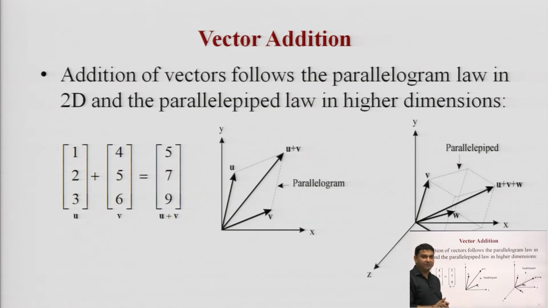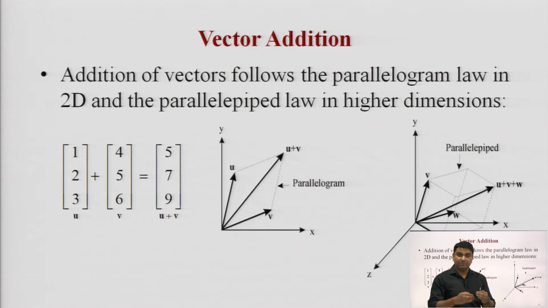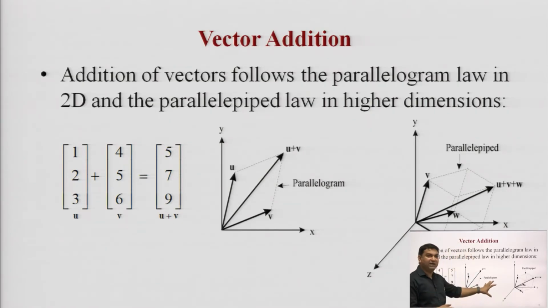If we take the example and elaborate this phenomenon of vector addition, we can see that the addition of vectors follows the parallelogram law in 2 dimensions and the parallelepiped law in higher dimensions. You can see the difference in these two figures.